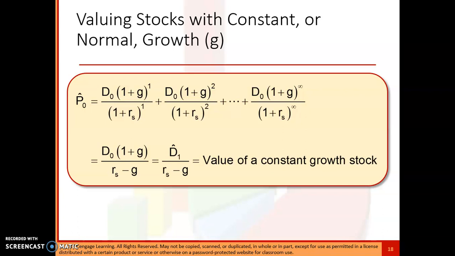They would say just paid, something of that nature. We apply the growth rate. So D0 times 1 plus G gives us what we expect D1 to be. And then we divide it by R, the required rate of return, minus the growth rate.